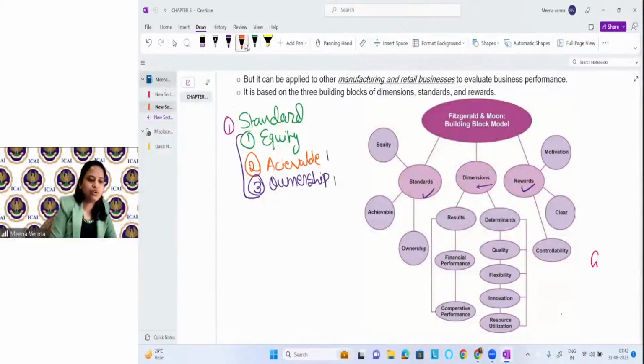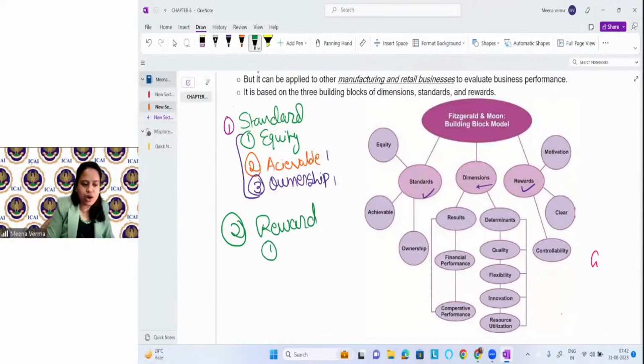Next, we will see all these points in detail. Next is what you have to focus on: rewards. Rewards means how everything is motivating the employee, motivating everyone to work. Motivation. Second, it should be clear.